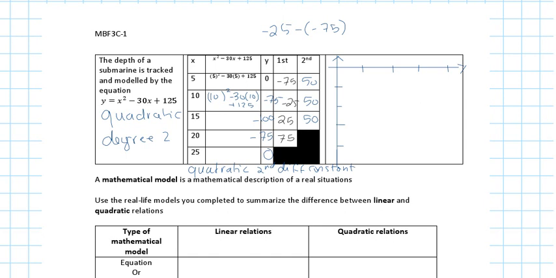All right, so that's negative 75, negative 100, going up by 5.